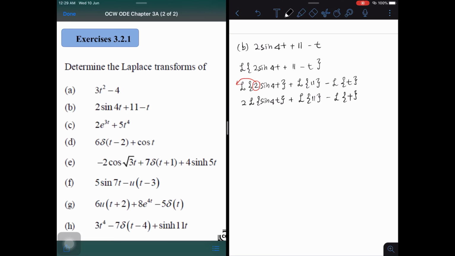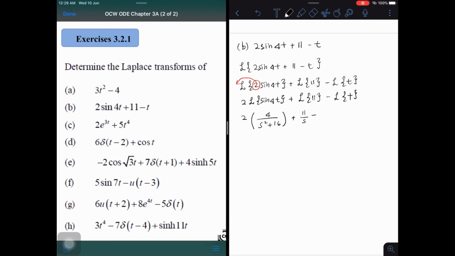So now we can solve the Laplace transformation of each function. The Laplace transformation of sine at is a over s squared plus a squared. Therefore your a here is 4, so what you will have is 4 over s squared plus 16. Plus the Laplace transformation of 11. 11 is a constant, so what you will have is 11 over s.